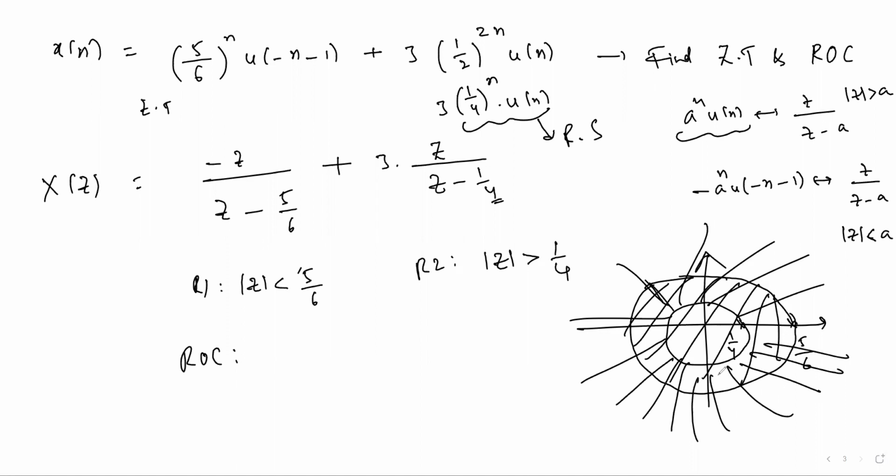The intersection region is 1/4 to 5/6. So 1/4 less than mod z less than 5/6 is the ROC of the given signal x of n.